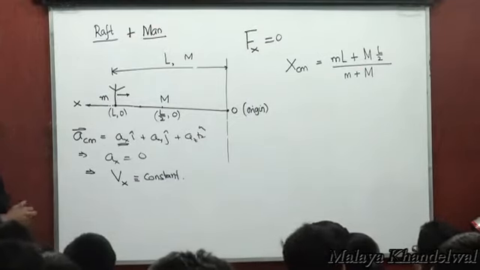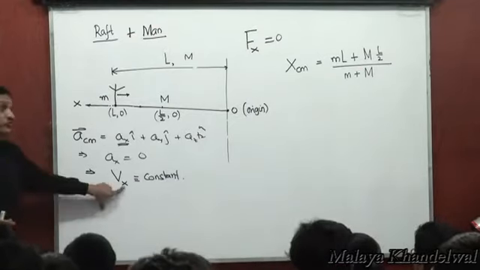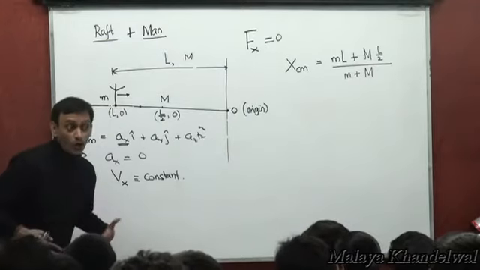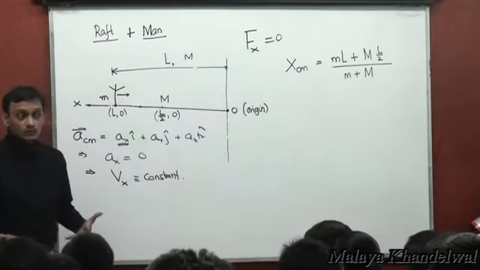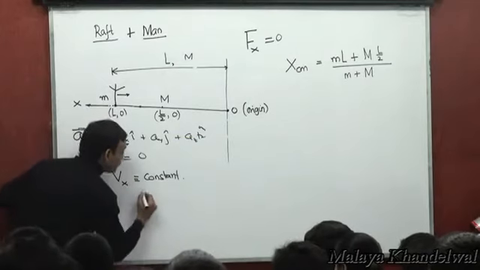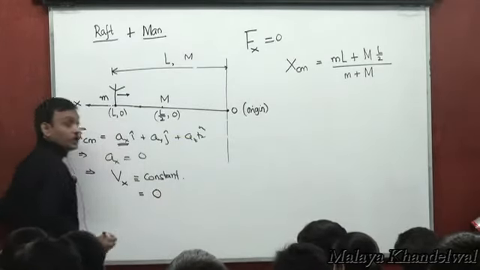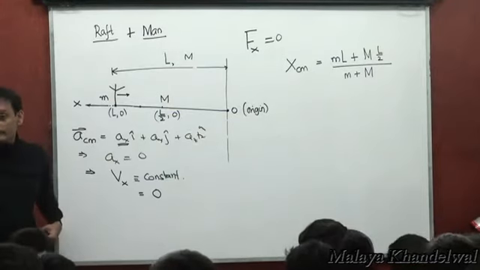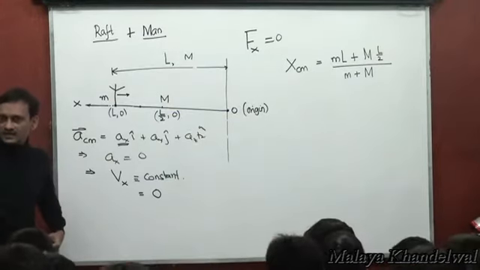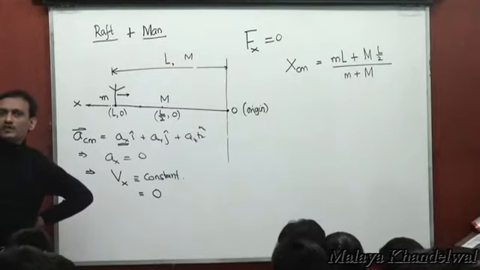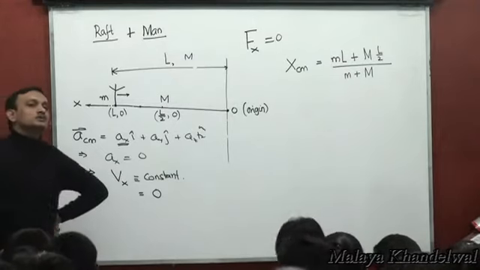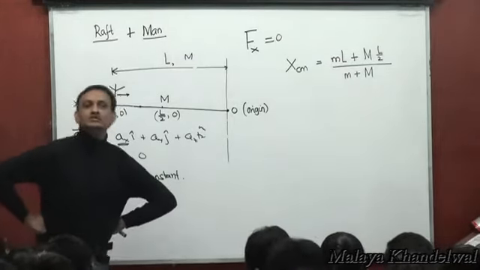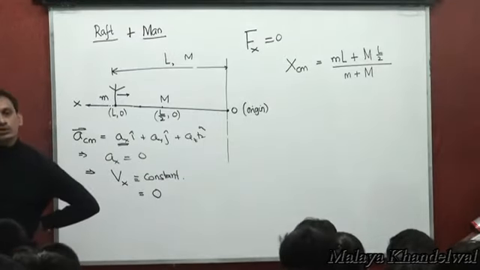Which means Vx, the x component of the velocity of the center of mass, was 0 initially, yes or no? So if Vx was 0 initially, it remained 0 always because Vx was constant. If at some instant Vx was 0, then it maintained that kinematic status all along.